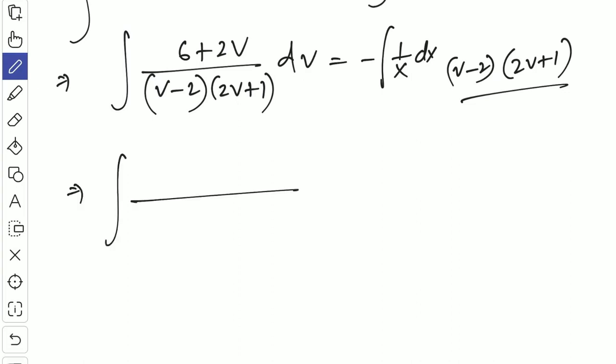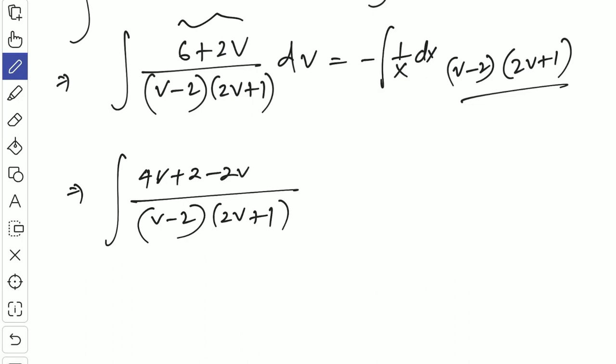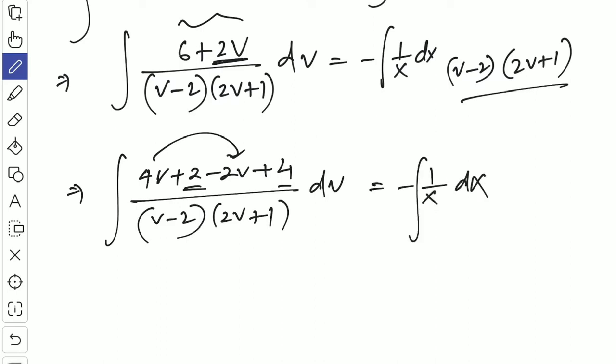Here 6 plus twice v can be written as 4v plus 2 minus 2v plus 4. Here you see 4v minus 2v becomes twice v again, and 2 plus 4 will be 6, isn't it? So that's what we have done. So here minus integration 1 by x dx.